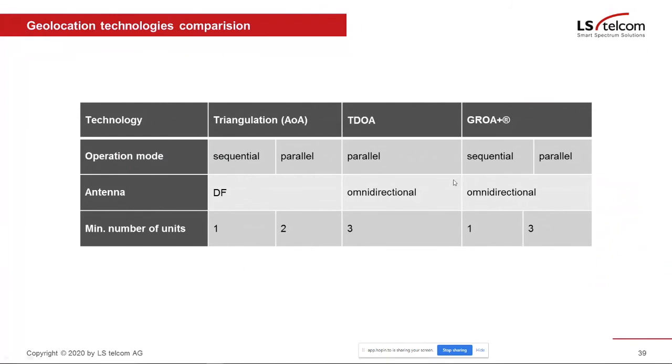TDOA needs to be done in parallel with 3 units at least. It only requires omni antennas. For GRA plus, due to the fact it can also be done on recorded data, you can also do it sequentially with one portable device or in parallel with a networked device.